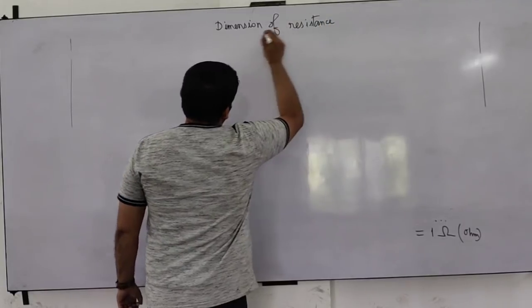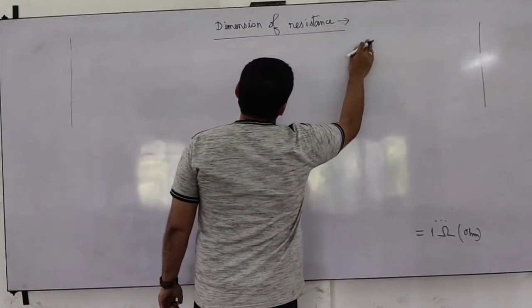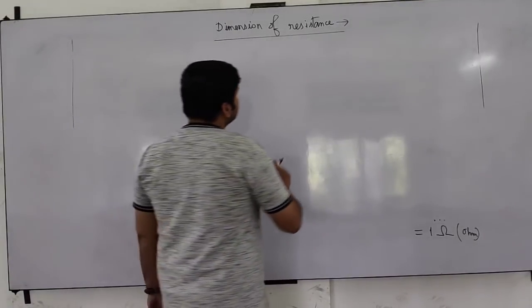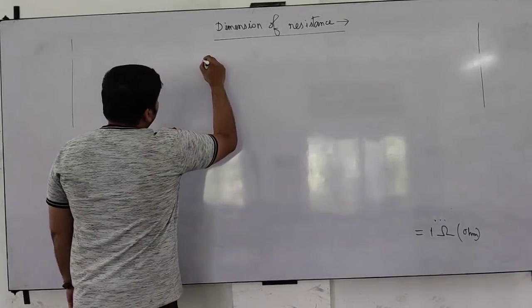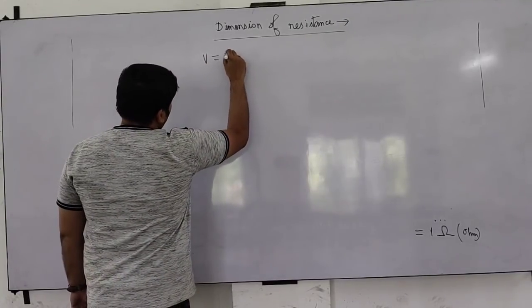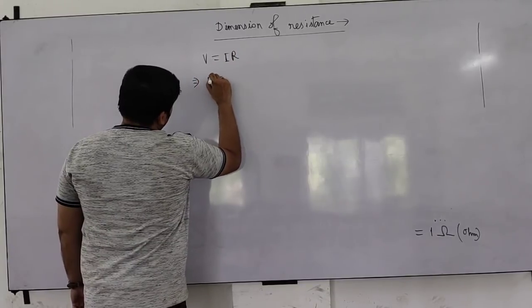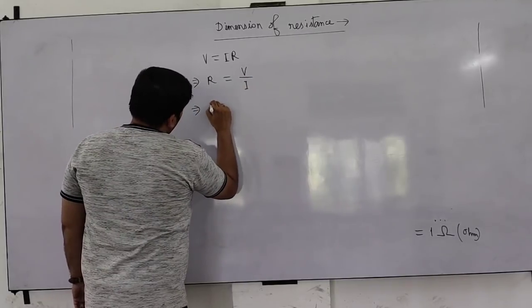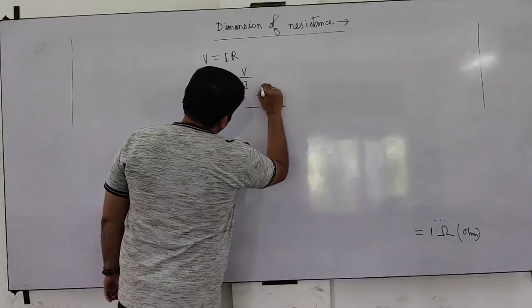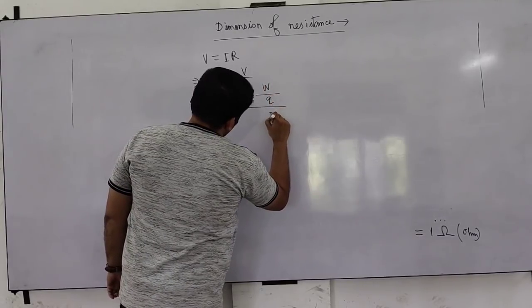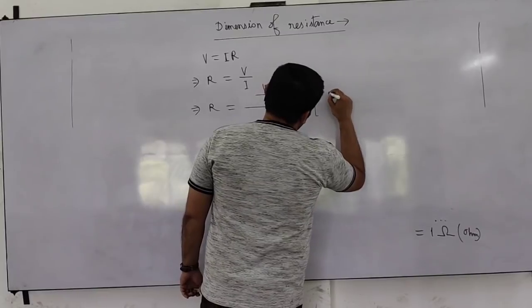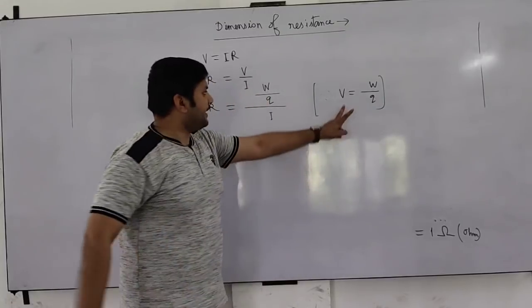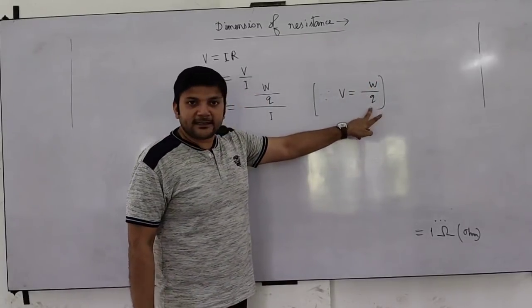We know V is equal to IR, so R is equal to V by I. Again you know that potential difference is work done per unit charge.